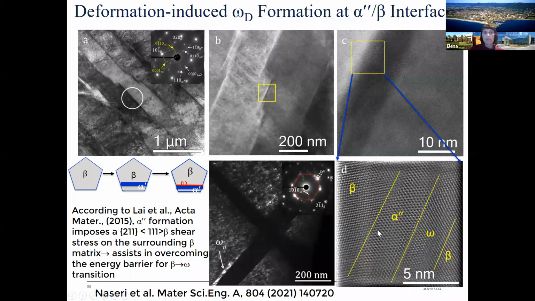The existence of this shear will help in overcoming the energy barrier for the formation of omega directly from the beta phase. This is why it will be a preferential place for omega phase formation, and also I think it's relaxing the accumulated stresses in this area.